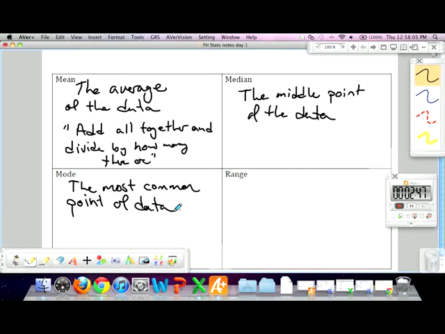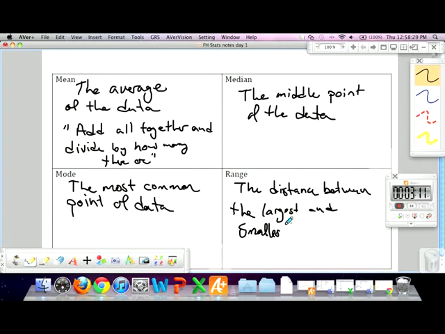And lastly, the range is the distance between the largest and smallest point of data.